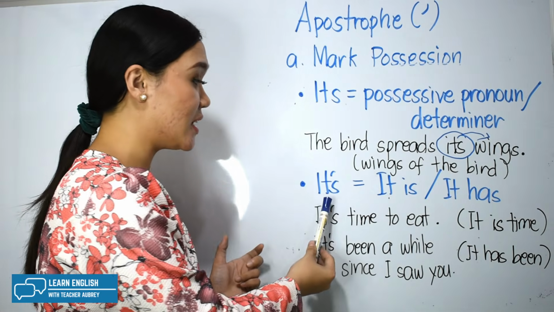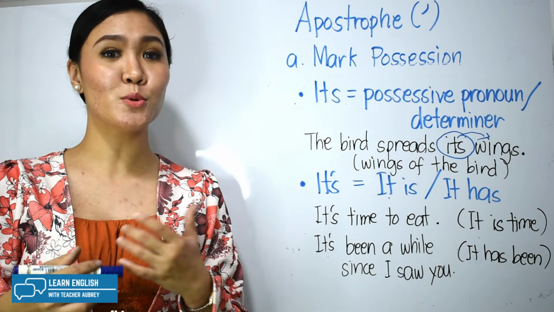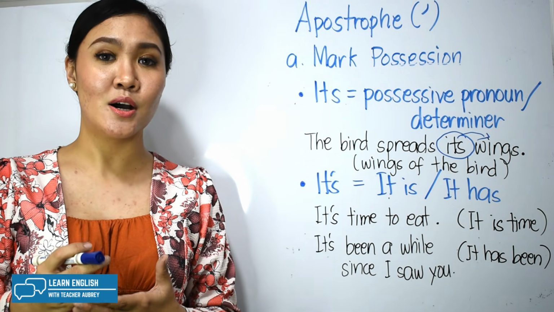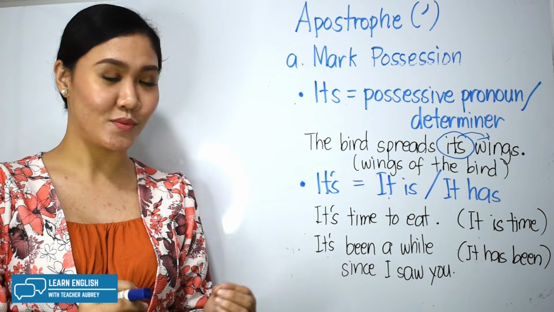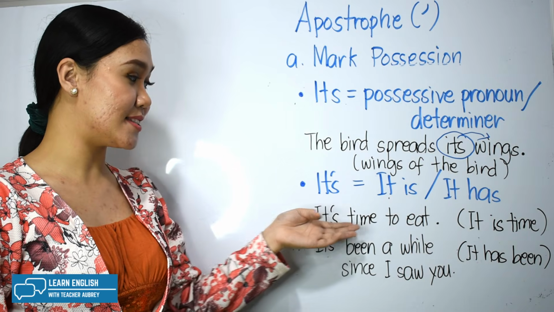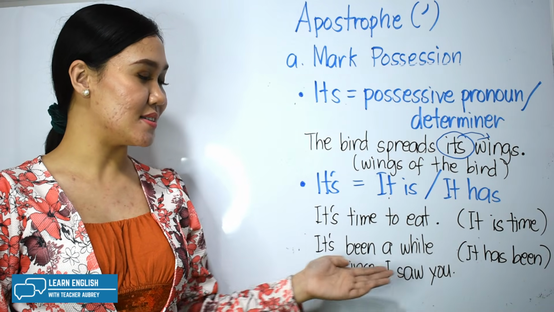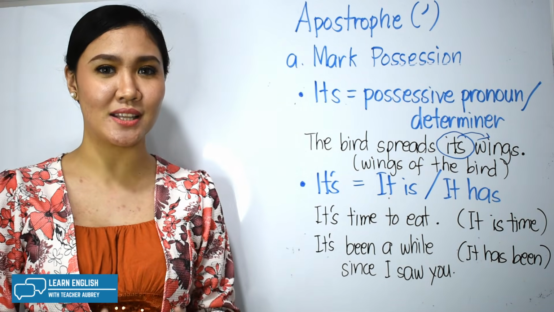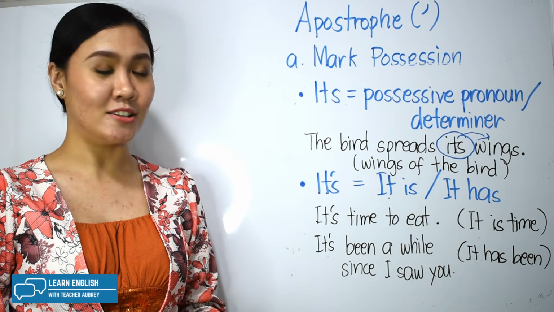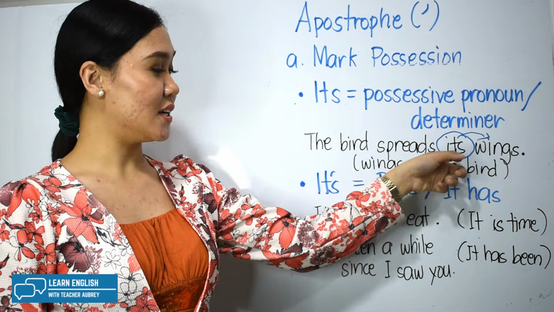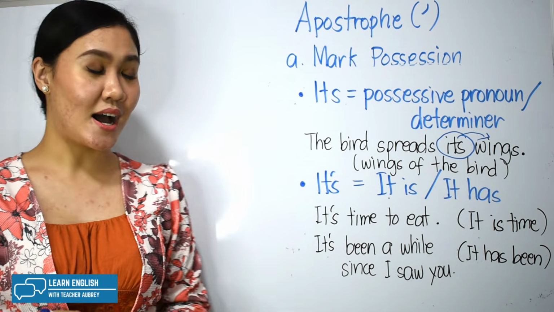Ginagamit lang natin yung it's with apostrophe kung tumutukoy tayo sa contracted version ng words na it is or it has. Dito natin siya gagamitin. It's time to eat. It's been a while since I saw you. Pero kapag tumutukoy na sa ownership or sa possessive pronoun, ang gagamitin natin ay its na walang apostrophe.